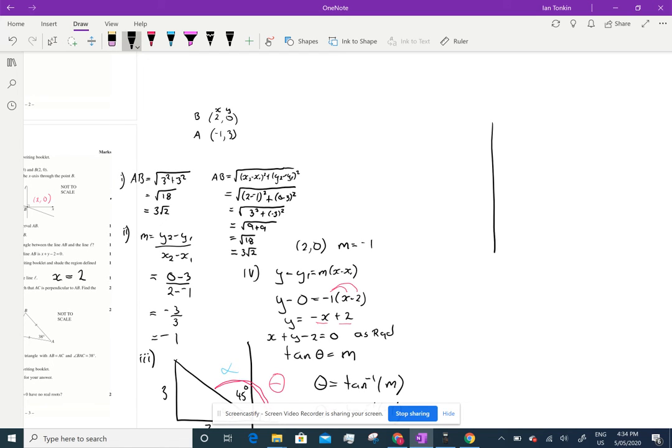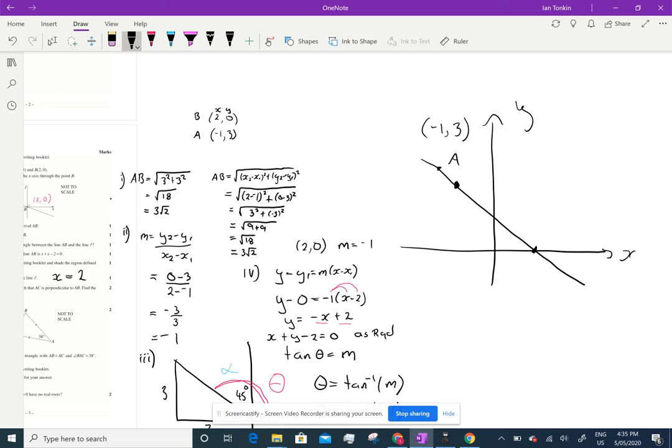So there's my Y. There's the line AB. There's the x-axis, y, x. Here's the point, I'll put it about here, A, which is -1 and 3.